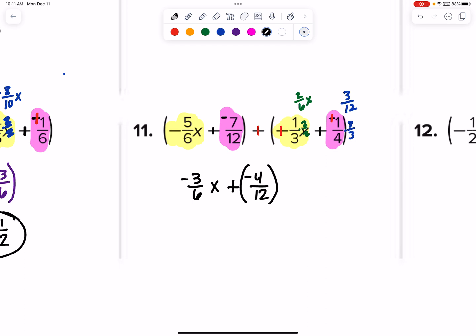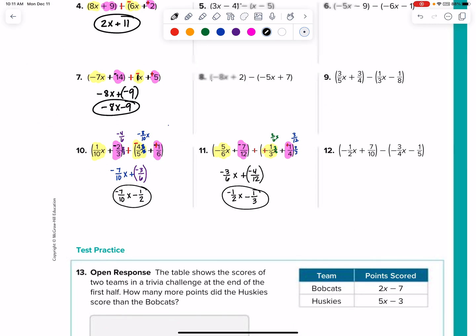We have to change it back to just subtraction. So I'll simplify. We have negative 1/2 x by dividing by 2/2, minus, and we can simplify the 4/12 also. We could divide by 4/4, and we get minus 1/3. And there we go. There's your most simplified expression.